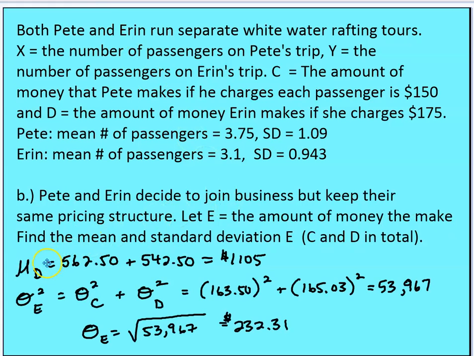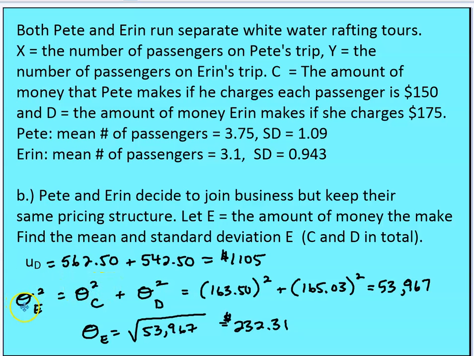All right, so I have then the combined total, and this should be E. The sum of the means of the two totals that both Aaron and Pete pull in from each trip: 562.50 from Pete, 542.50 from Aaron, total of 1105.